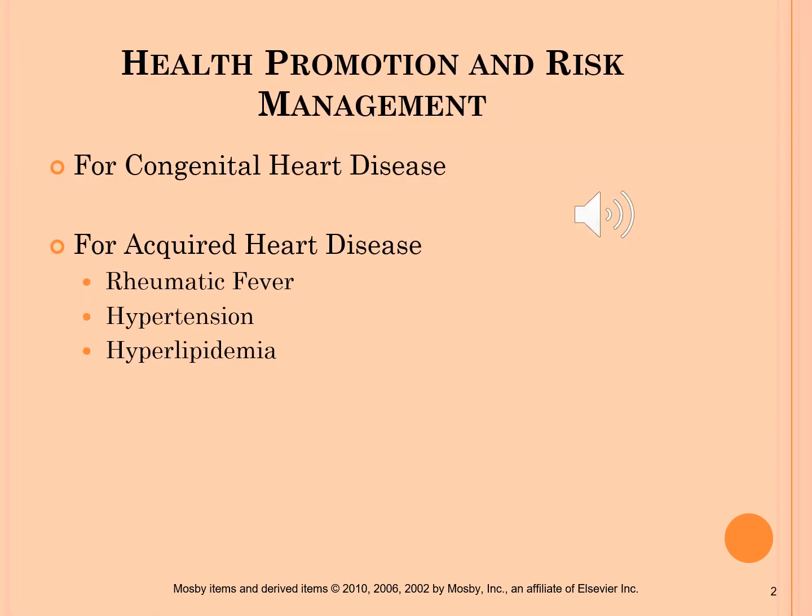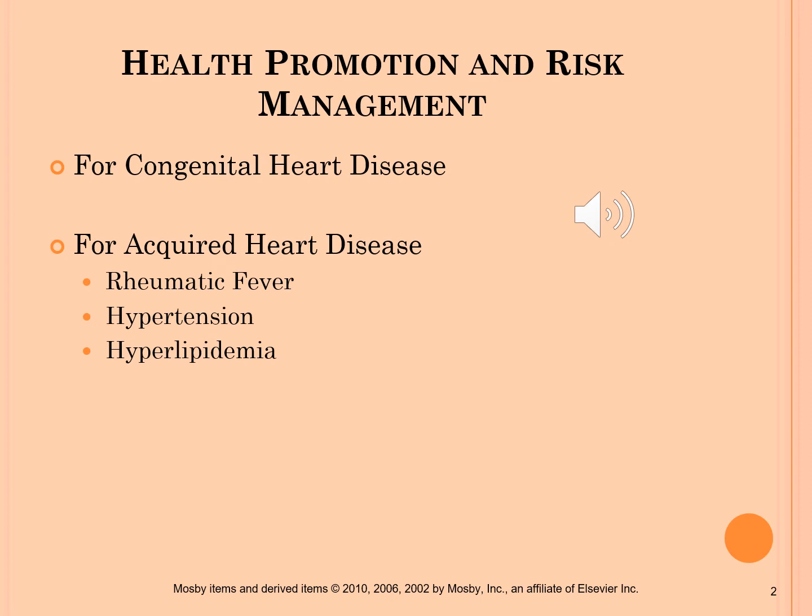We're going to start talking about cardiovascular disorders with children. When we talk about cardiovascular disorders, we have to look at health promotion and risk management. Health promotion and risk management is really just getting into what the risk factors are that lead to adult heart disease. We know obesity, high cholesterol levels, lack of consistent exercise. It really is looking at those healthy habits, right?